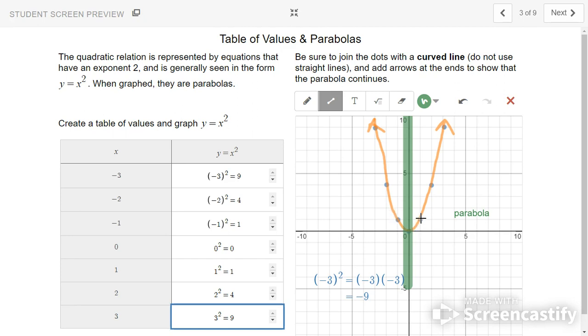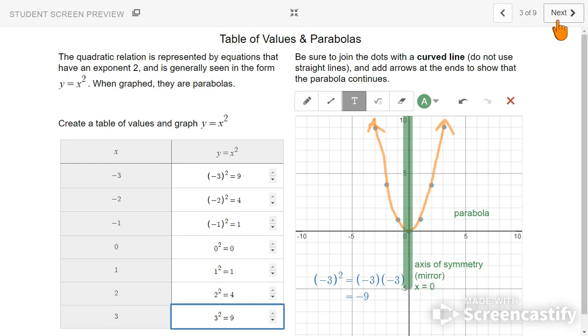So you'll see that this point has a mirrored partner on this side. This point is mirrored here. This point is mirrored here. Our axis of symmetry is like our mirror, and the equation for this axis of symmetry is x is equal to 0.